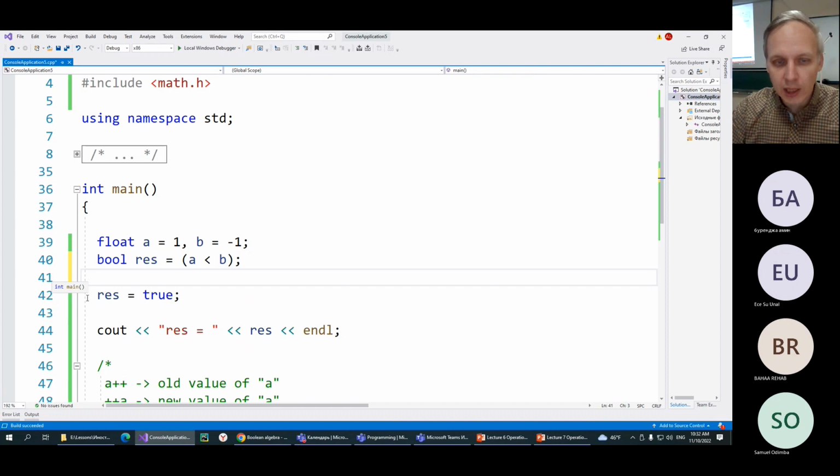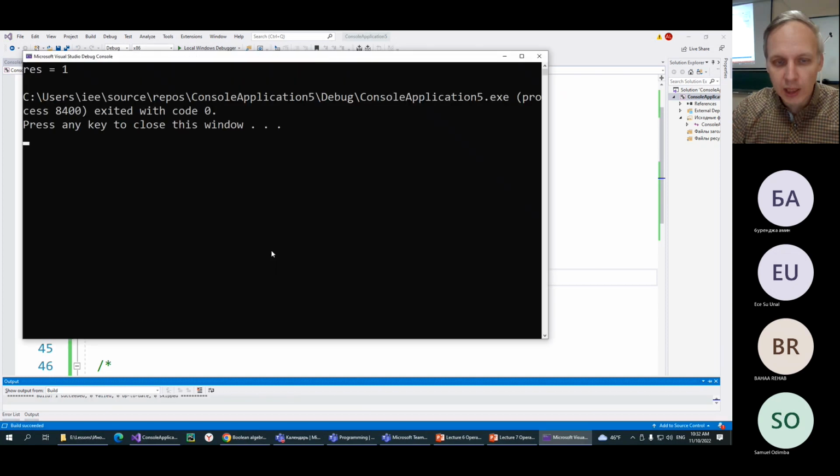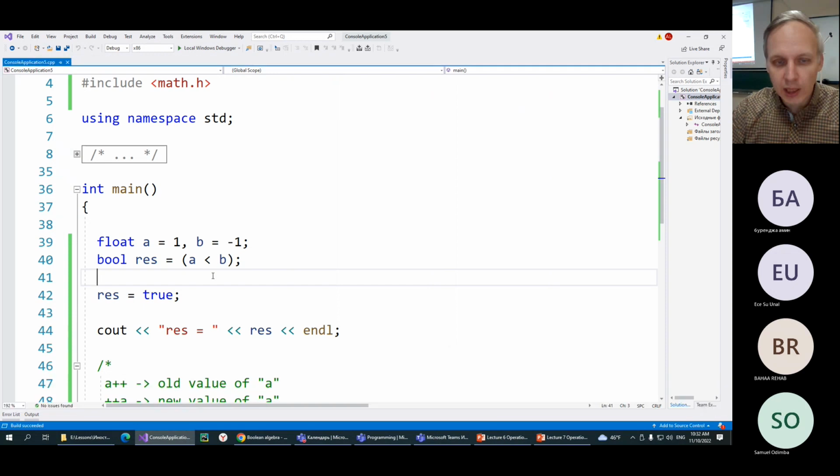And in this case, we will see on the screen 1, true. It's not a hacker's method. I just change the value of the variable.